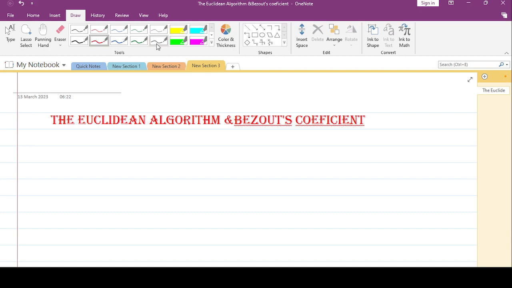Okay, and this method is basically used when numbers are big numbers. Okay, and this method is very efficient, and it gives you the answer very quickly. So that is why we use this method for finding the GCD of two numbers.